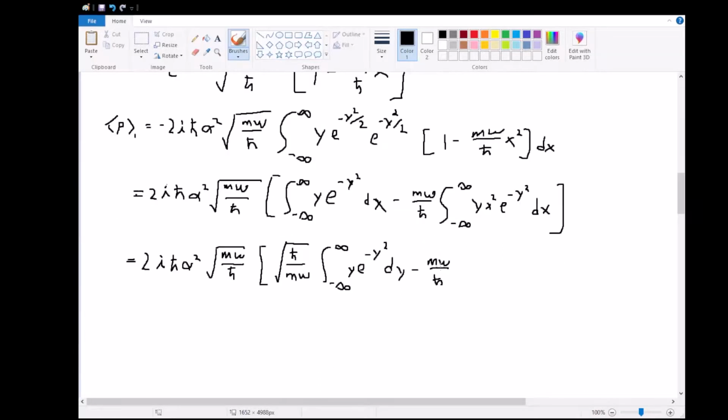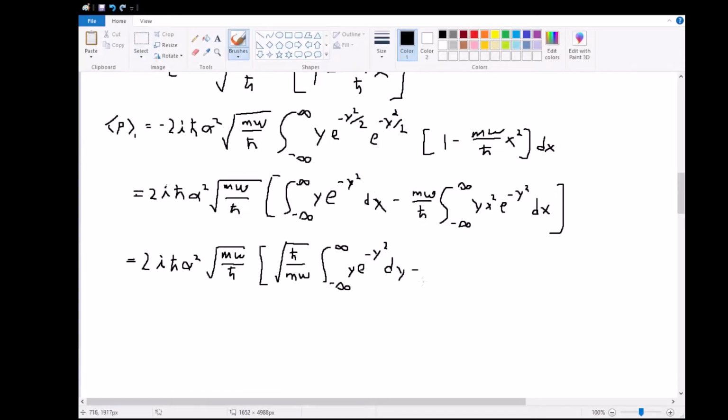So this gives us an h bar over m omega to the power of 3/2. And then this is directly a reciprocal of m omega over h bar, so 3/2 minus 1 is just 1/2. So this really just gives us a square root term.